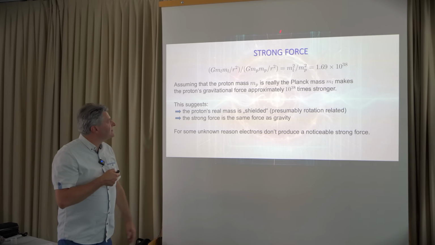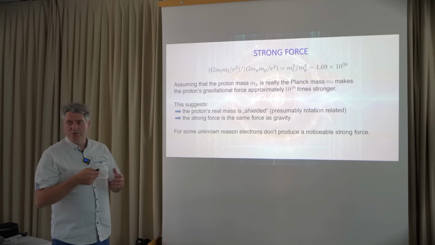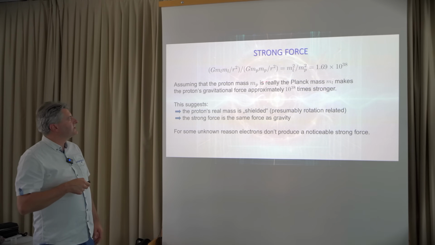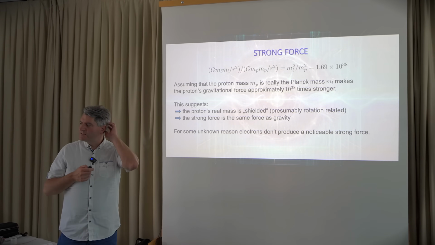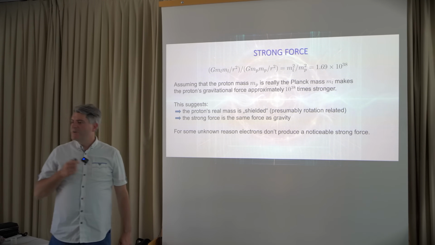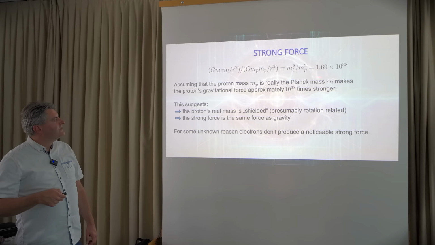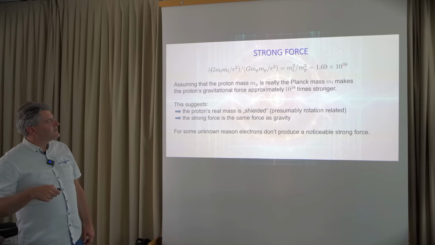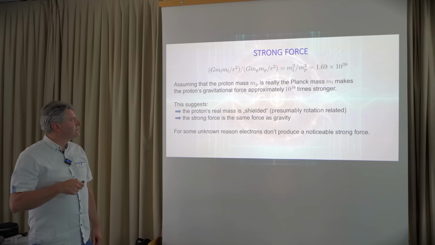It also has another side effect or another variant. This is the gravitational formula for 2 protons, the gravitational attraction between them. But if you assume that you could replace the mass of the proton with the Planck mass, that the real mass would be the Planck mass instead of the measured proton mass, you get a force that is 10 to the power of 38 stronger than the usual gravitational force.